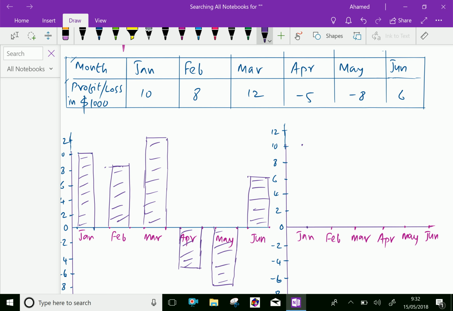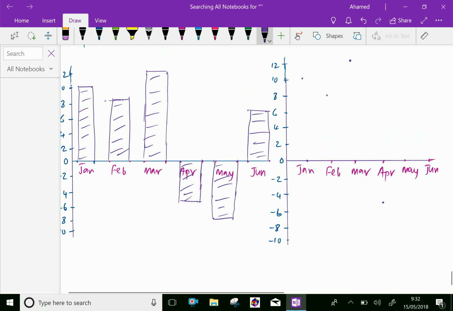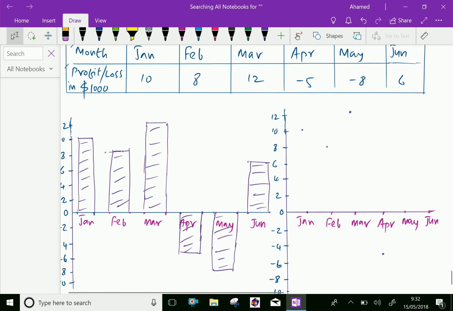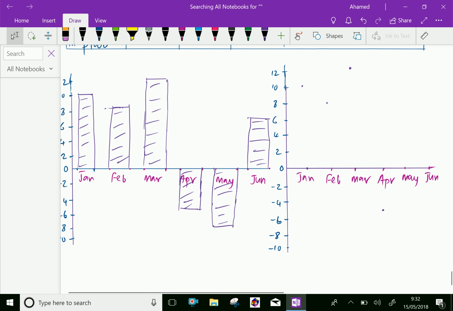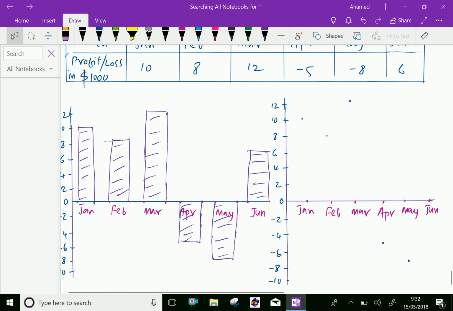February is 8, and March 12. April is -5 here. May is -8, and June is 6.